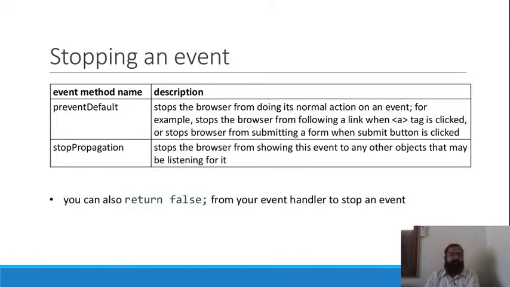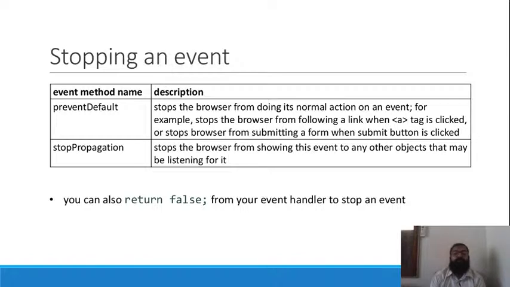So you have prevent default and stop propagation. Prevent default stops the browser from doing its normal action on an event. For example, it stops the browser from following a link when an a tag is clicked, or stops the browser from submitting a form when the submit button is clicked.